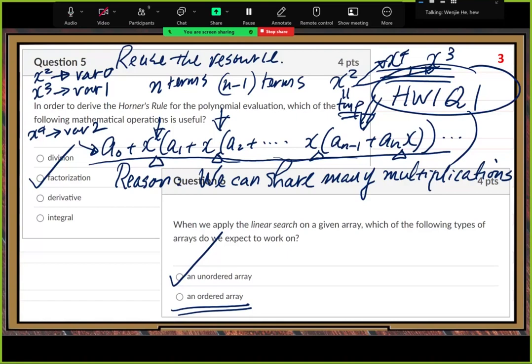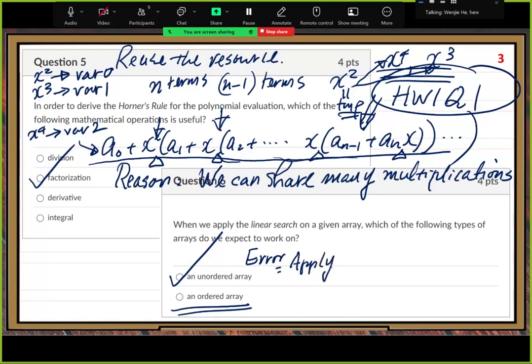People apply binary search on unordered data. Many people make this kind of error. So here I say, the error case.